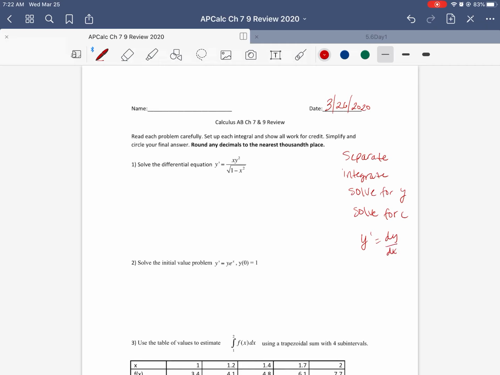You always want to take y prime, set it equal to dy over dx, so that you actually have separable y's and x terms in the y prime. Okay, so I'm going to multiply by dx and divide by y squared.